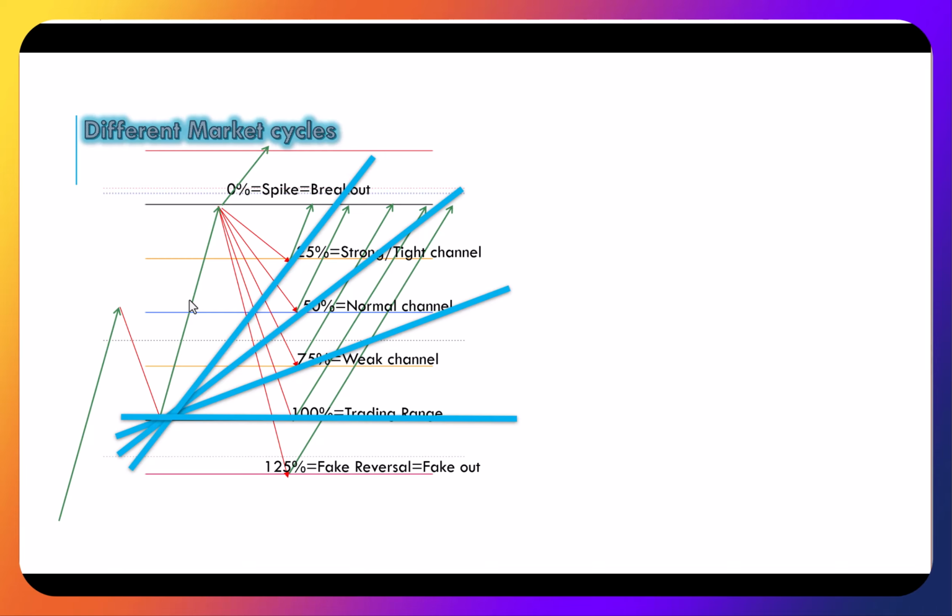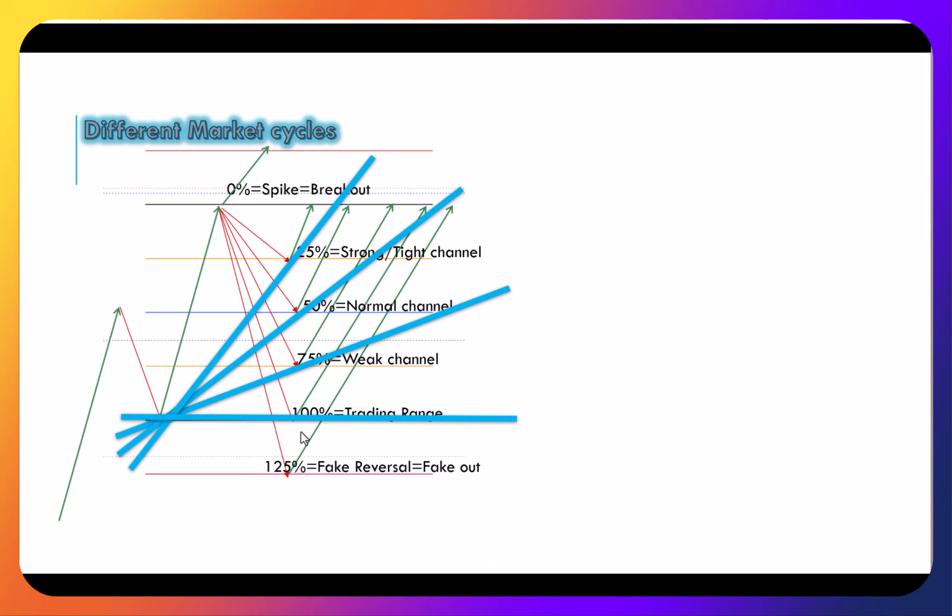So you cannot use the same kind of strategy for different kinds of market cycle. You have to choose between these market cycles and work on one strategy for each. If you don't do that, you're going to lose and you will get confused. Why are you losing all the time? Because you haven't picked your market cycle. My suggestion is to work on the market cycle which is choppy, sideway, or weak trend.